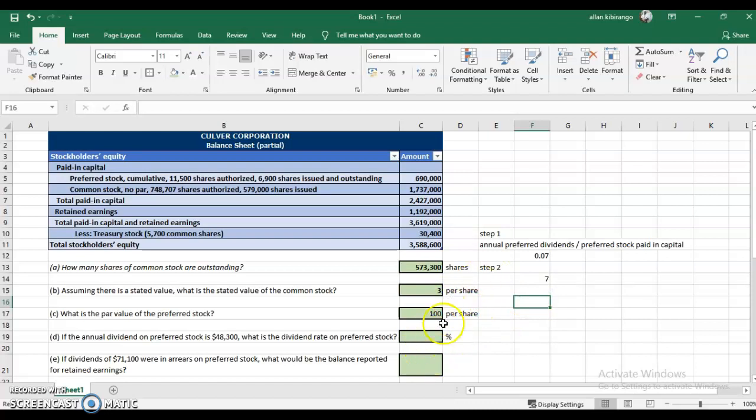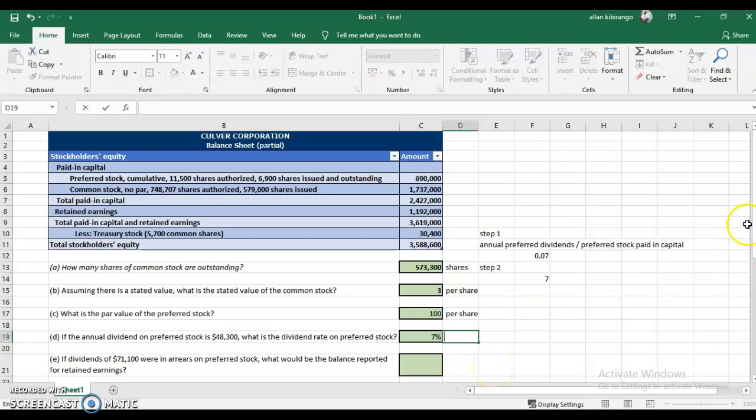But if you're working with a spreadsheet and you've already formatted this cell as a percentage, you don't need to go into step 2. You just do your calculation, whereby you say 48,300 divided by this, and that's the percentage, 7%.